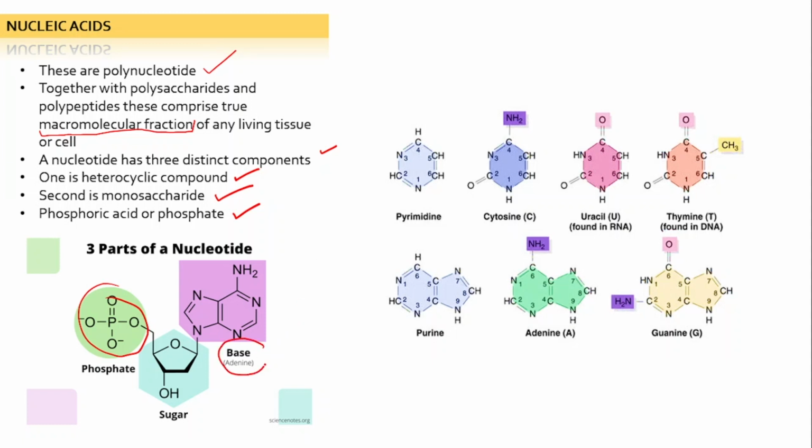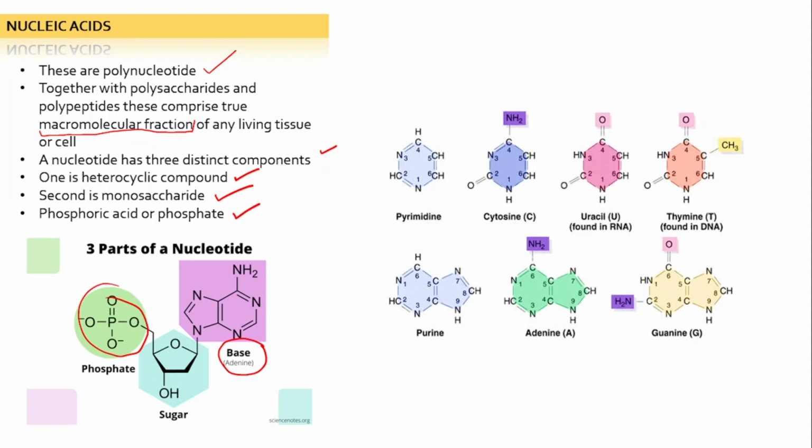We have different examples of the bases. Pyrimidines are cytosine, uracil, which is found in RNA, and thymine, found in DNA. Purines are adenine and guanine. A, G, C, T are present in DNA.